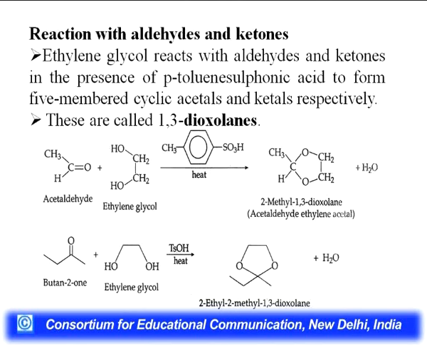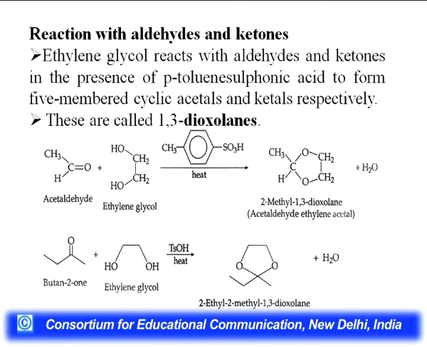These are called 1,3-dioxolanes. How does the reaction take place? You can see in the reaction: acetaldehyde, when it reacts with ethylene glycol in the presence of para-toluene sulfonic acid, CH3, C6H5 is the toluene and sulfonic acid is this SO3H.